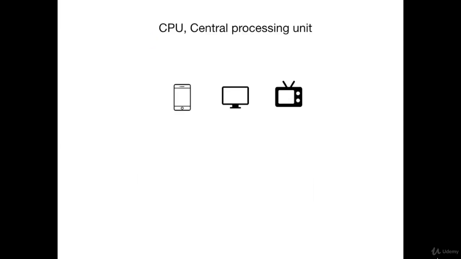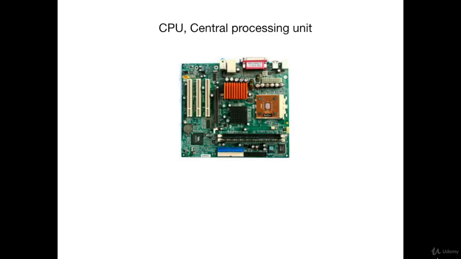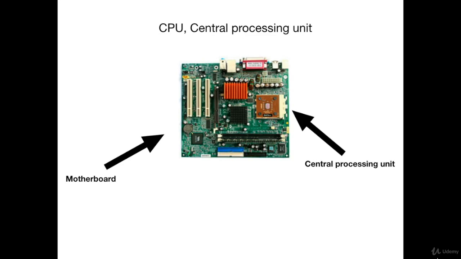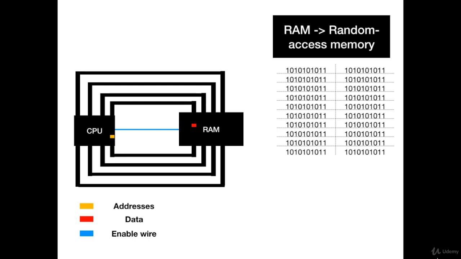Mobile phones, shiny Mac computers, even your grandpa's dusty and oversized television all possess a central processing unit. This is the motherboard, a platform which serves to connect important computer parts together, one of them being the central processing unit. On the motherboard, we also find RAM, Random Access Memory.